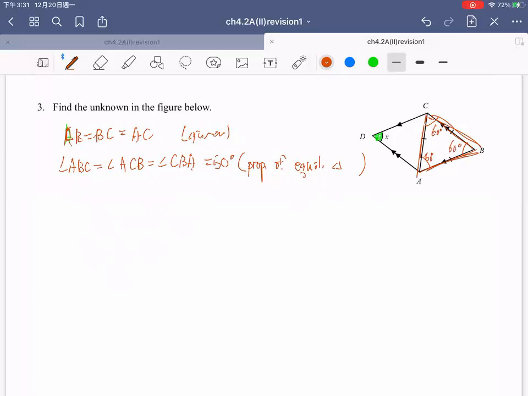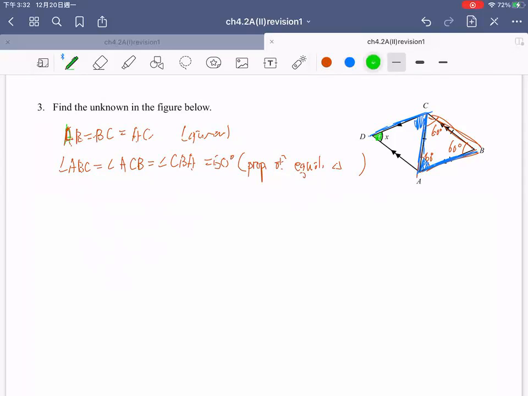Then put in the figures. Then what do we have? Can you see? Because they are parallel, right? So this angle must be the same as this one, right?